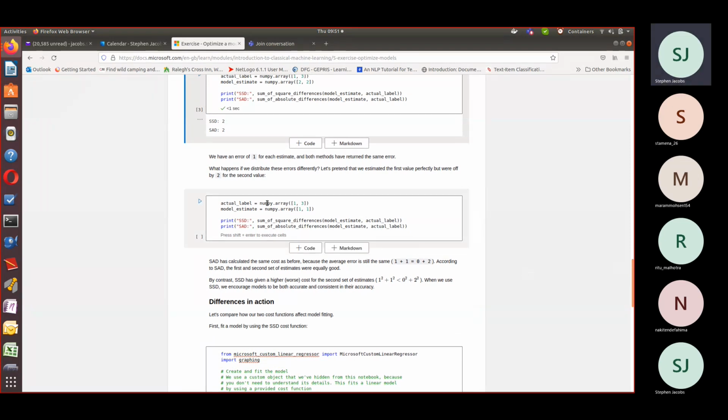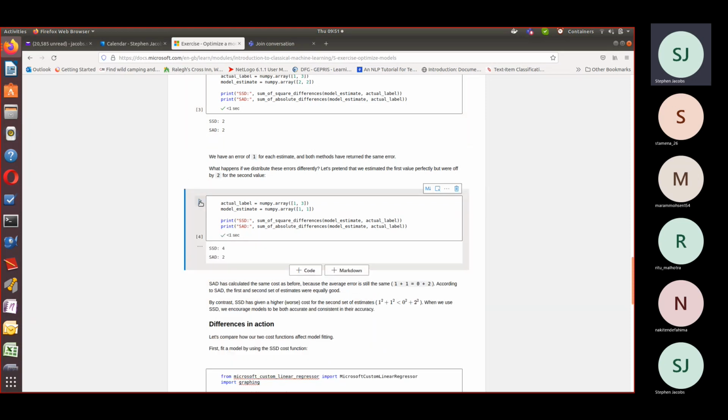So we've got the actual label here is the NumPy array 1, 3, and the model estimate, which would normally come from our optimizer, but in this case we're going to hard code it, is the NumPy array 1, 1. Okay, so what we're doing now is we have a difference of 2, don't we, in here. And let's see what that does now to the different algorithms.